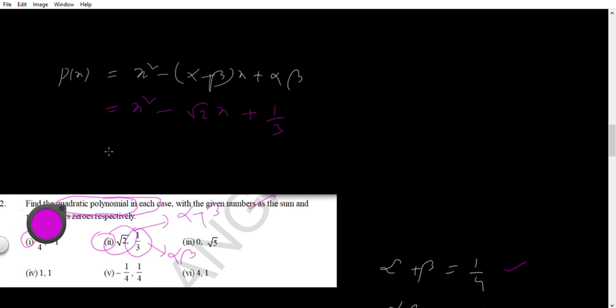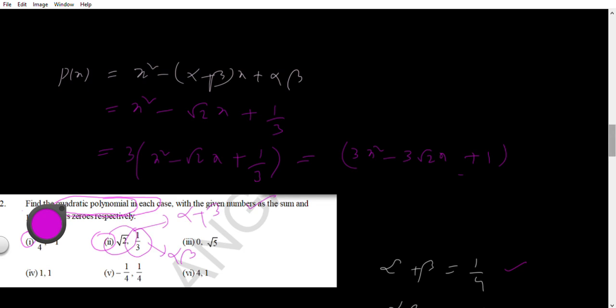You just multiply by 3: 3 times x square minus root 2 times x plus 1 by 3. By multiplying with 3 we get the same result. So 3x square minus 3 root 2x plus 1, because 3 multiplied by 1 by 3 cancels, we get 1. Now understand, 3x square minus 3 root 2x plus 1 is a quadratic polynomial whose sum of roots is root 2 and whose product of roots is 1 by 3.